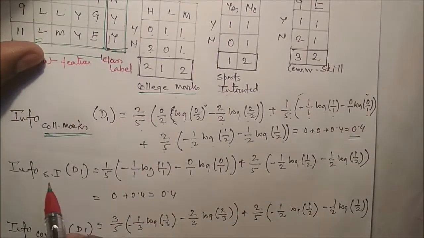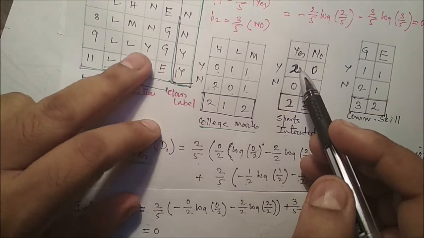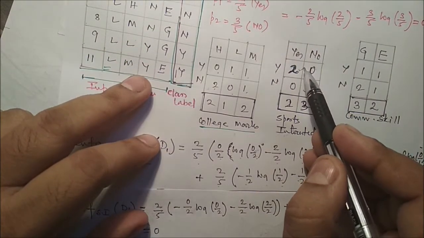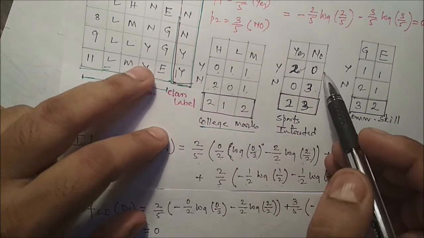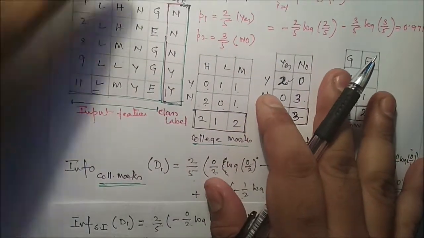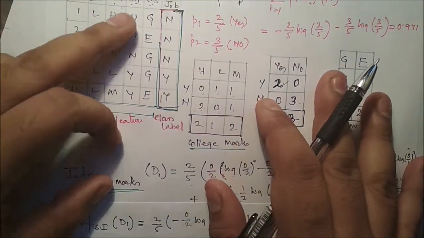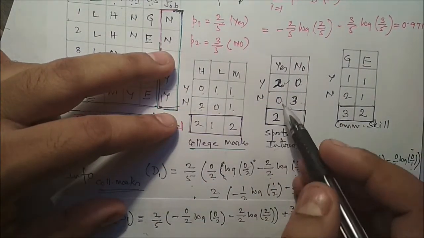Similarly, for sports interested: if sports interested is yes, 2 yes are there and no no. If sports interested is no, all are no's, no yes is there. So 2 and 3.